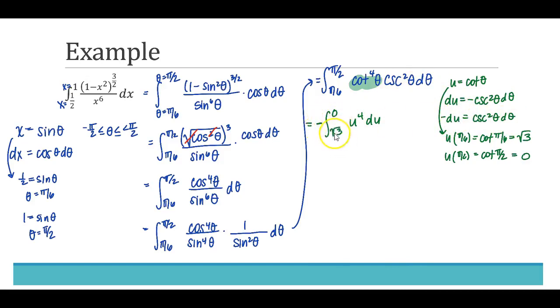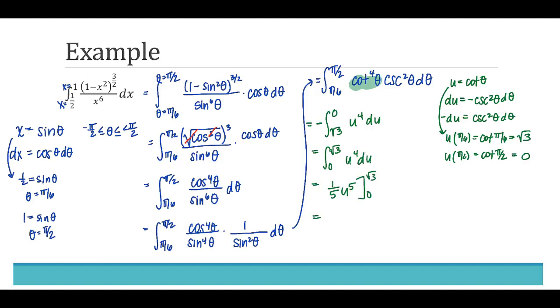I want my smaller number to be on the bottom for the limits of integration, so when I flip it, we'll get rid of that negative. 0 to radical 3 of u to the 4th du, and so that's going to be 1/5 u to the 5th evaluated from 0 to radical 3.